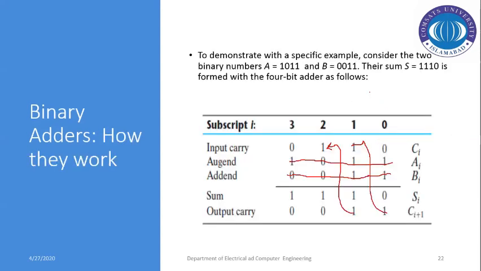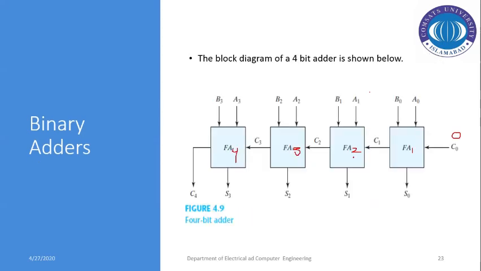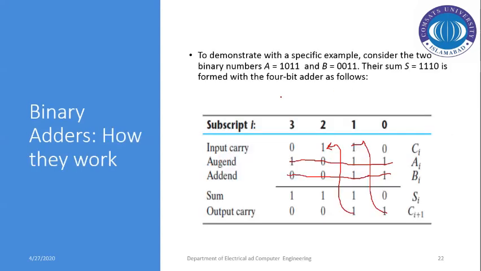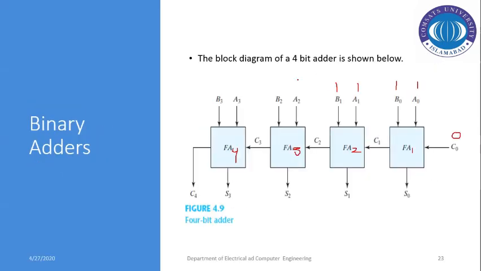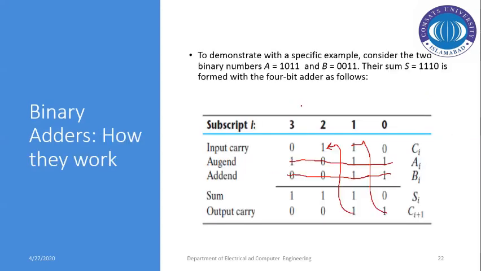And if we see the previous slide, A0 and B0 are 1 1, A1 and B1 are 1 1, then A2 and B2 are 0 0, and A3 is 1 and B3 is 0.